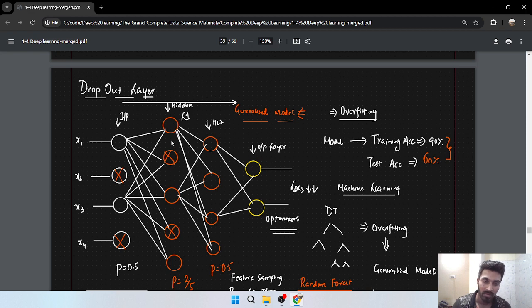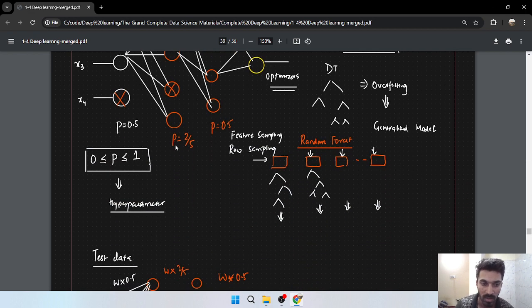So if you apply 0.5, then 50% of your neurons will be dropped out, like a dead neuron. You can also say the connection will be closed, or the input and output will not be passed along. This will be required if your model is overfitted or not training very well. So at the time of overfitting, this will be required.